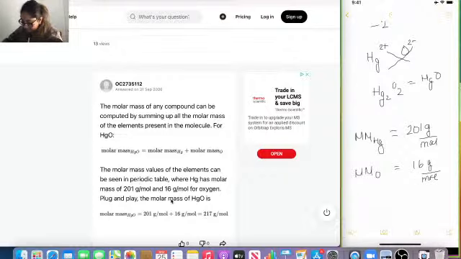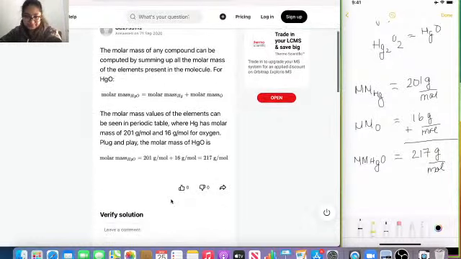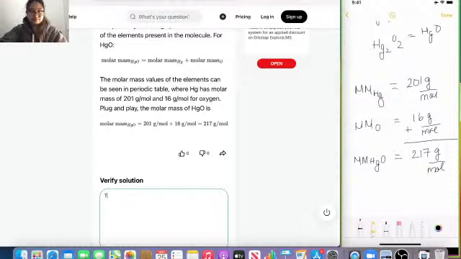And so to find the molar mass of mercury 2 oxide, you just have to add these two together. And what you get here is 217 grams per mole. And so this is right. This is correct.